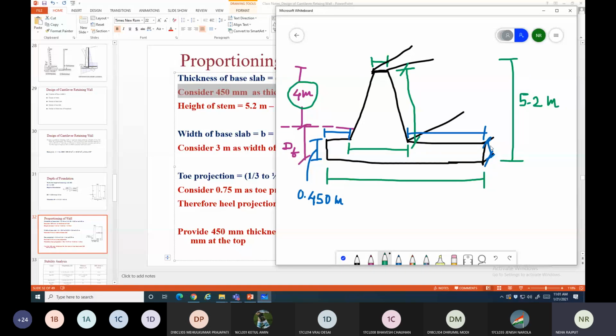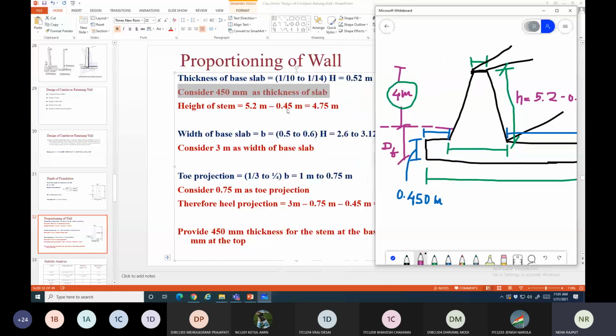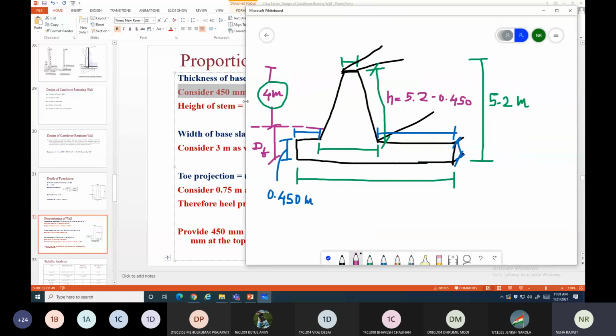From this 5.2 meter, the base slab thickness is 0.450, so I can easily get the height of stem as 5.2 minus 0.450, so 4.75 meter. So this is 4.75 meter, my height of stem. So this dimension I have.